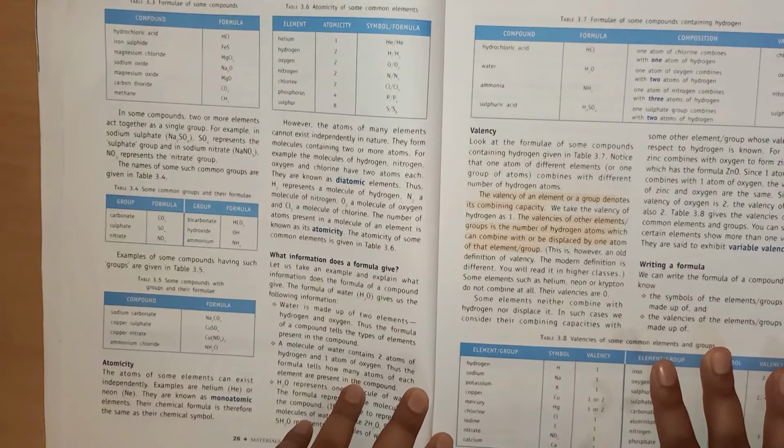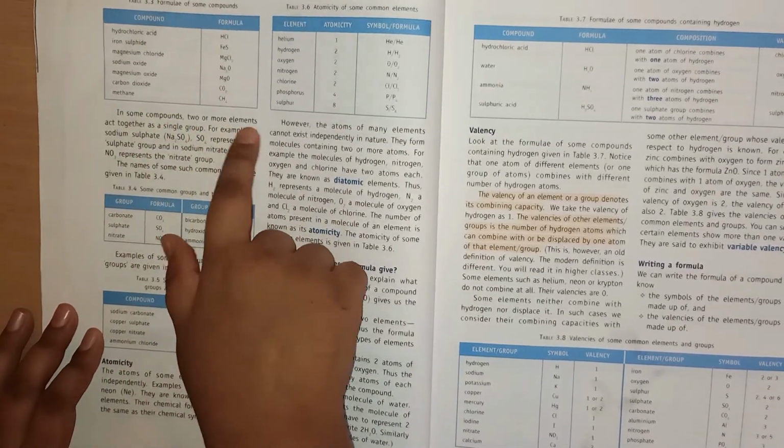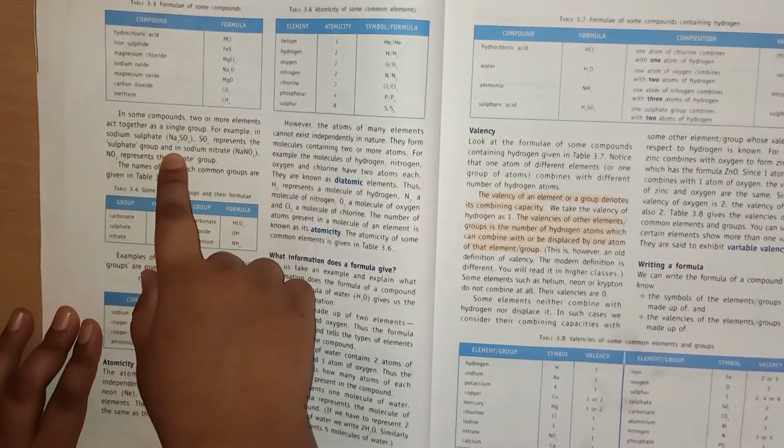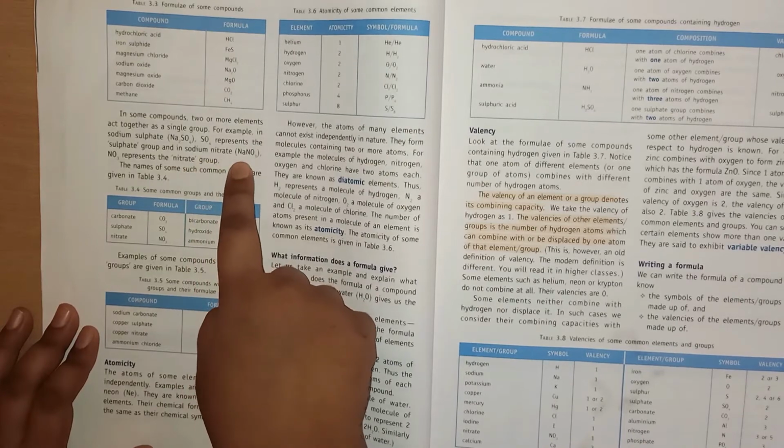Let's read further. These are tables, you can read and learn them. I'll read the main part only. In some compounds, 2 or more elements act together as a simple group. For example, in sodium sulfate, Na2SO4, SO4 represents the sulfate group, and in sodium nitrate, NaNO3, NO3 represents the nitrate group.